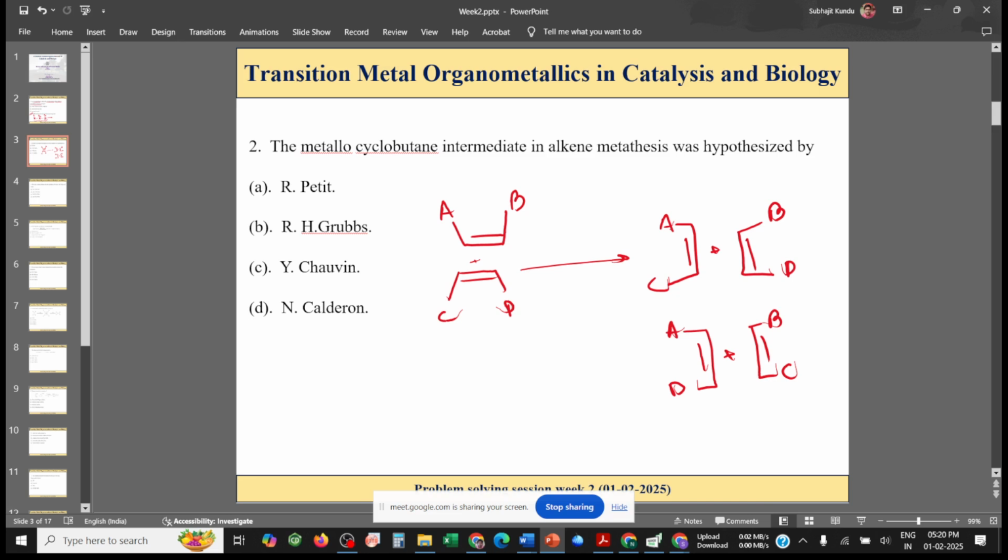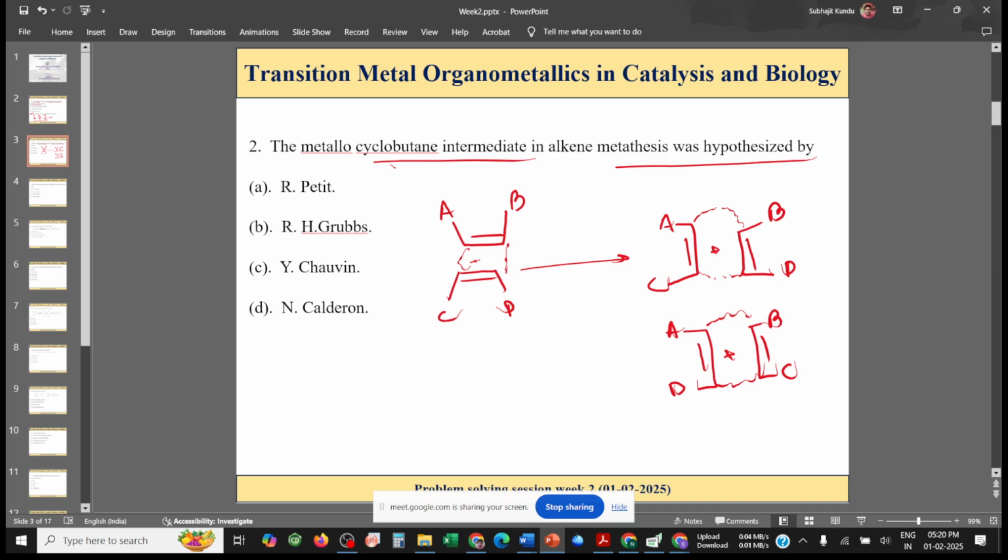So this is a simple example of a metathesis reaction. Now the question is the hypothesis. Hypothesis means the cyclobutane. Here you can see there is a high possibility of forming a cyclobutane intermediate during the reaction.